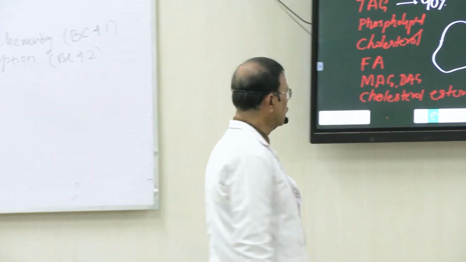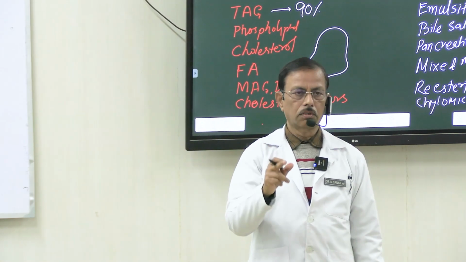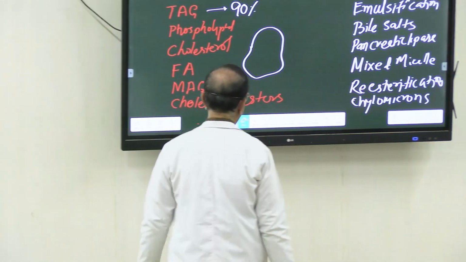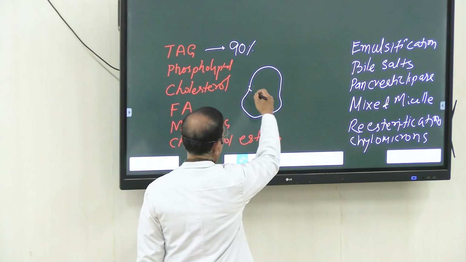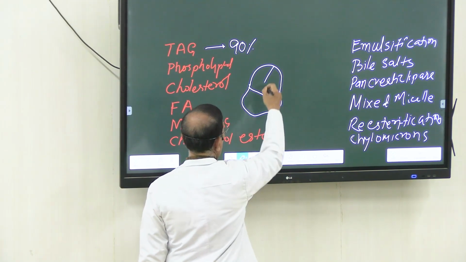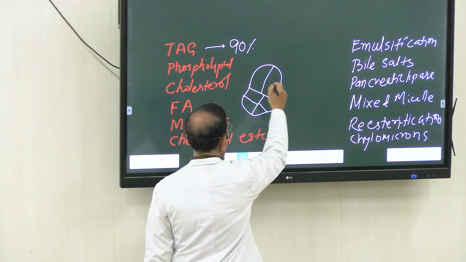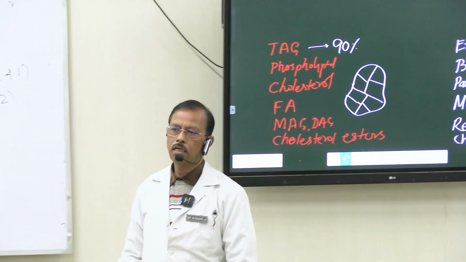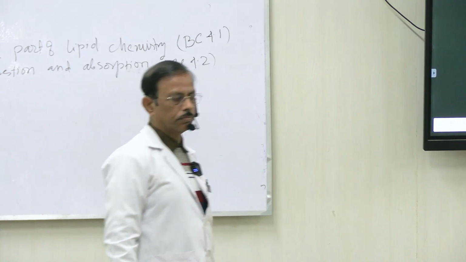For better digestion, these have to be broken into small droplets. So what is done? It is broken into small lipid droplets. This is done by the bile salts.